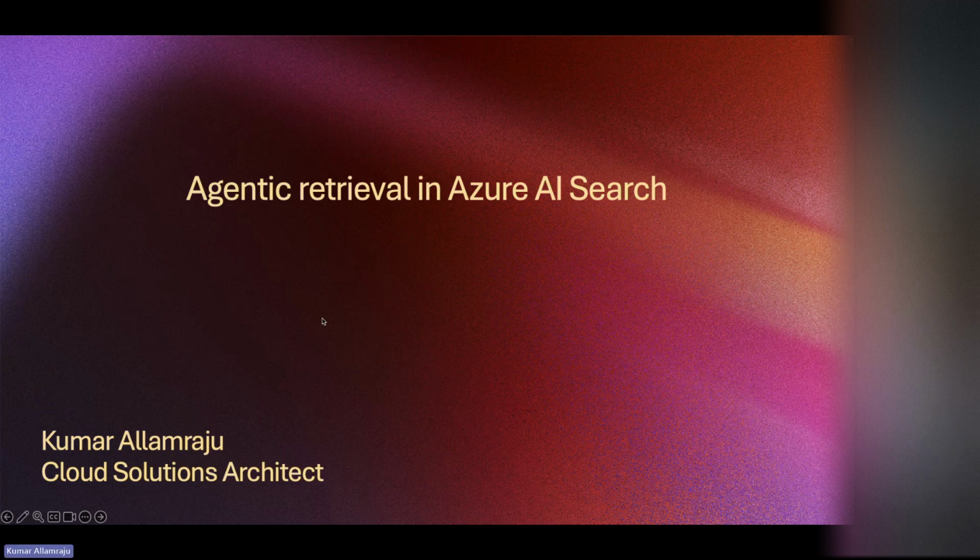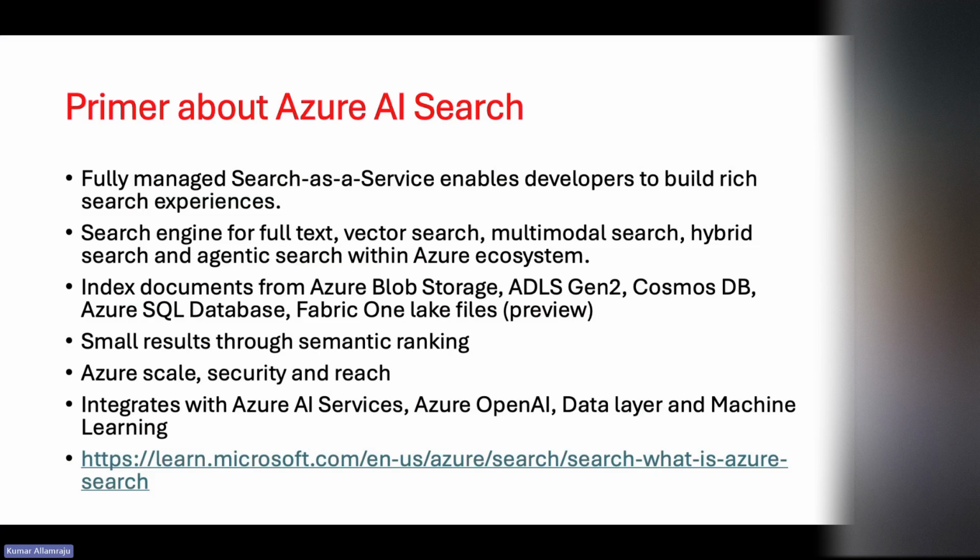Before I jump onto this new feature, I don't want to assume that you're all familiar with AI Search in Azure, so I just wanted to give a primer on what exactly it is. AI Search was previously cognitive services, but it has been renamed to Azure AI Search because it falls under our AI umbrella.